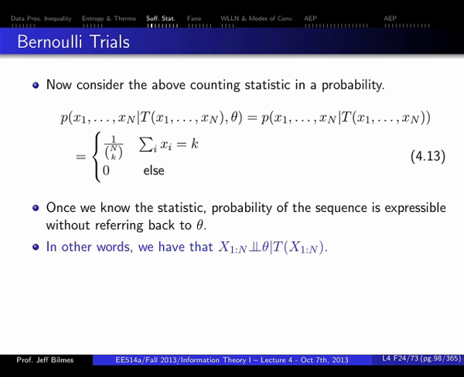The sample normally does tell us something about the bias. If you flip a coin some number of times, you can get information about the bias of the coin by counting the number of heads. But once we've counted the number of heads, there's no more information that the sample has about the bias.